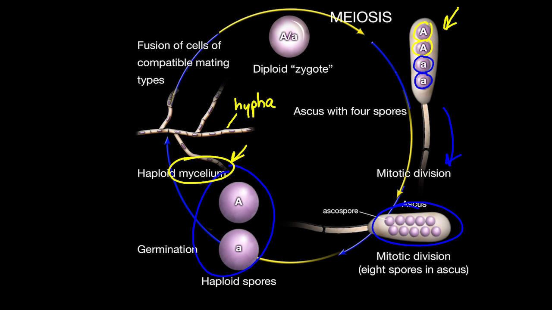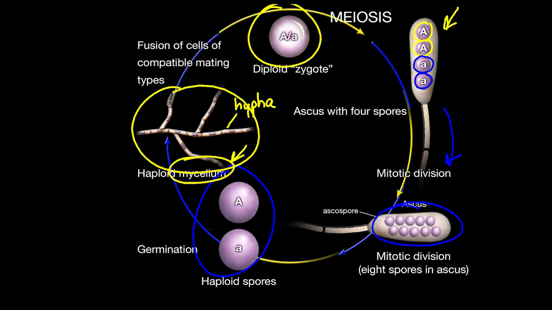Since they're both haploid, this is a little odd. Note that the spore germinated and it was still haploid, and all this is haploid. Fungi are haploid dominant creatures, which is the opposite of most plants and animals. So if 2 compatible strands come together, they can fuse, and what you end up with is a diploid zygote.